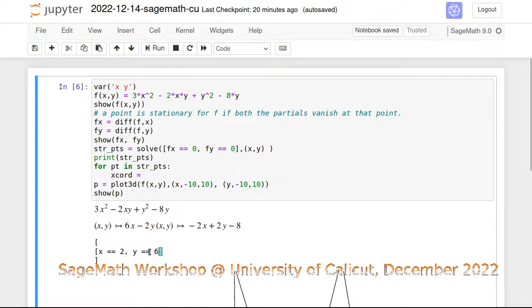One solution consists of the x part and y part. Therefore this is a single entity, but this is a list. We are already in a list, and inside that list, this is the first entry. Therefore this is pt 0, and x equal to 2 is pt 0 0, and y equal to 6 is pt 0 1.